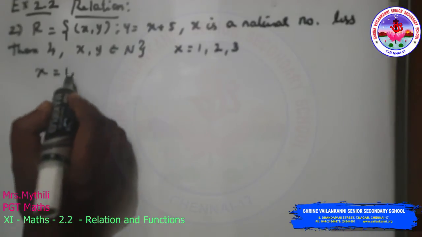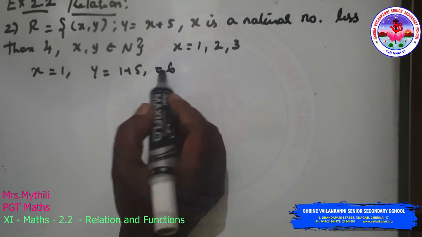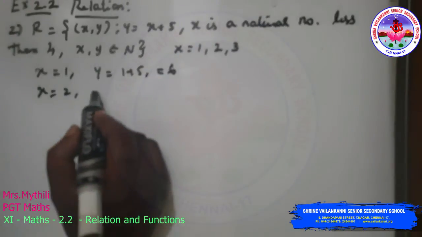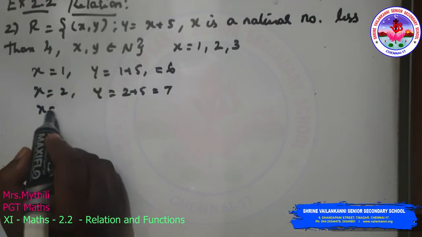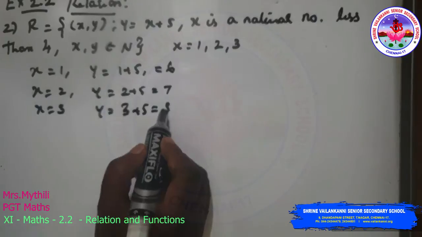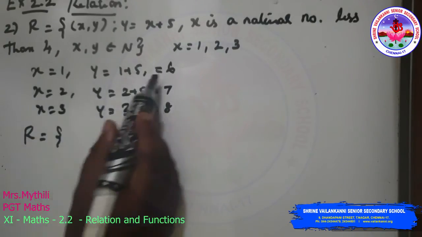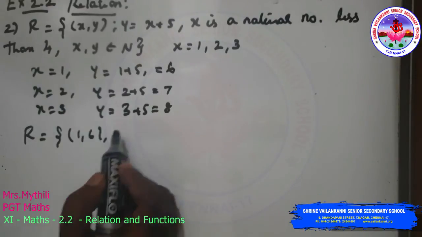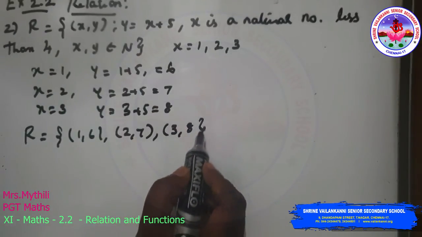When x is 1, y = 1 + 5 = 6. When x is 2, y = 2 + 5 = 7. When x is 3, y = 3 + 5 = 8. So the relation is written as R = {(1,6), (2,7), (3,8)}.